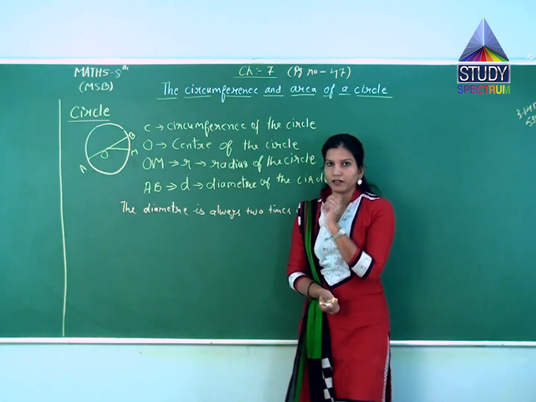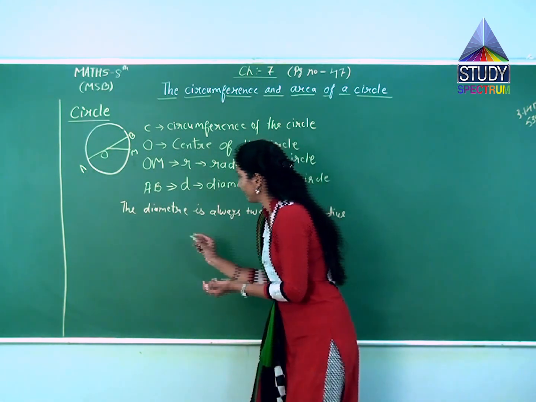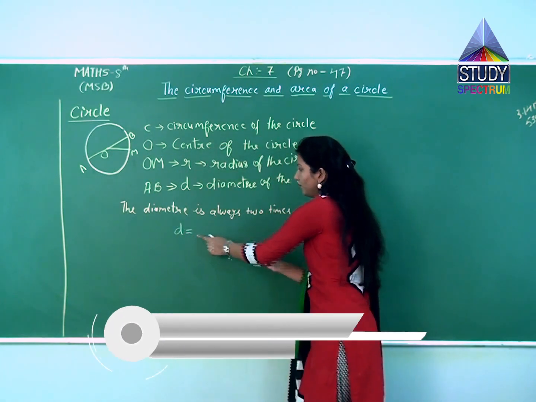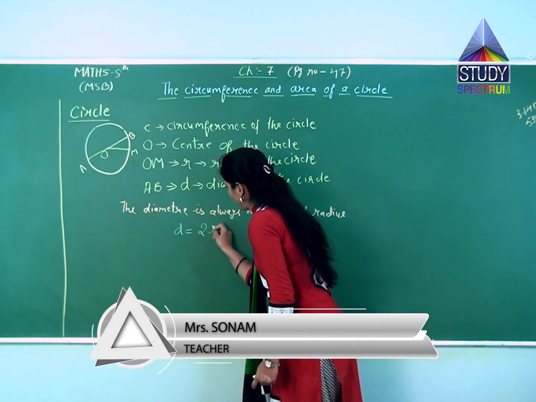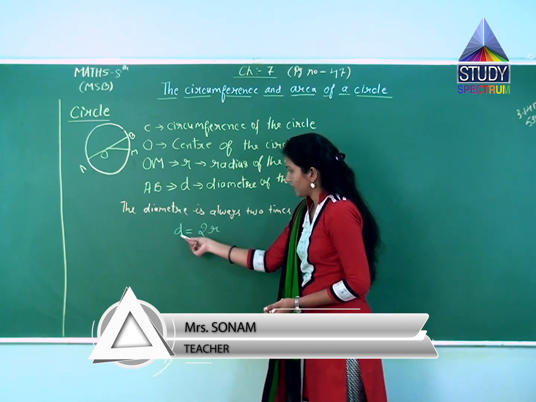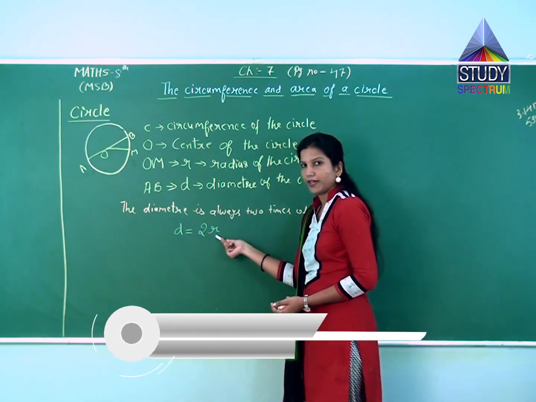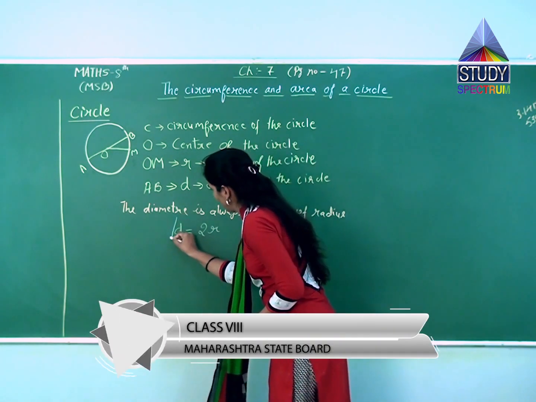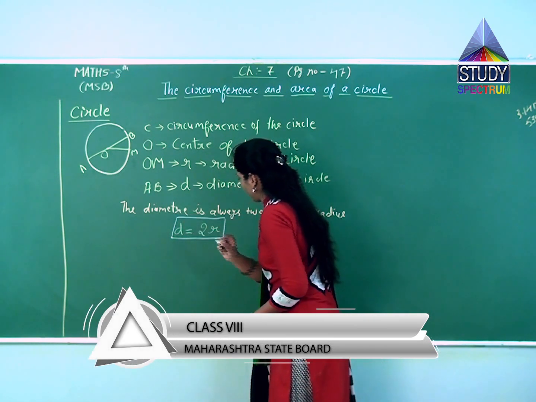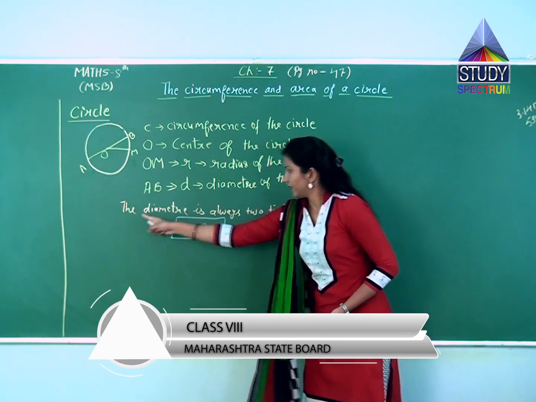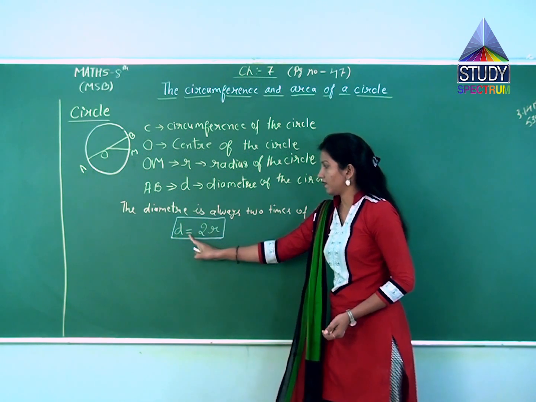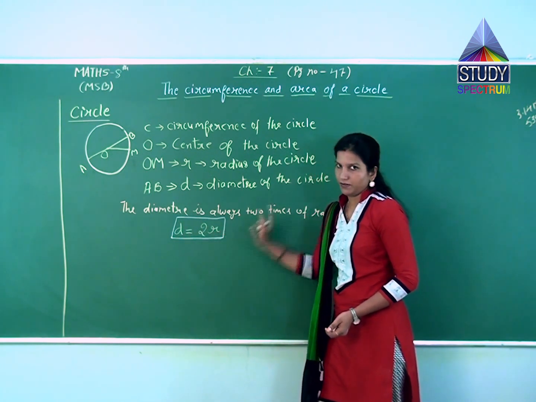What is our diameter here? D. So let's write here D. D is always equal to 2 times of radius. You have to remember this point for further questions and answers. The diameter is always 2 times of radius. So D is always equal to 2 times of radius.